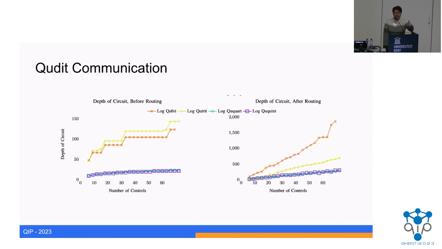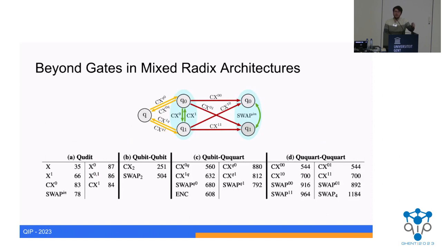But in reality, if I look at Q-quarts and Q-quints, so 5-level and 4-level systems, the plots are nearly identical. The depth is the same, the gates will be the same. But those gates become a lot more expensive if I think about how long it actually takes to execute on device. I want to be able to distinguish these things by looking at realistic durations. So to do that, I have to synthesize the corresponding pulse and get durations that I can actually distinguish between.